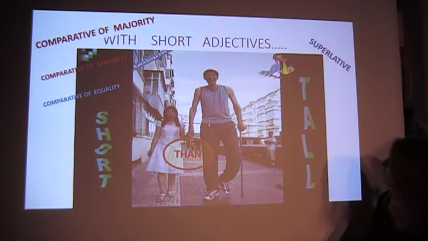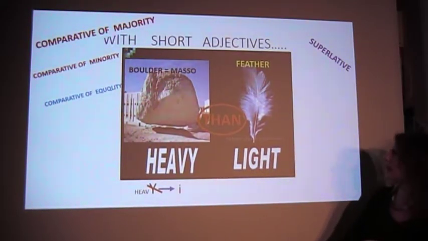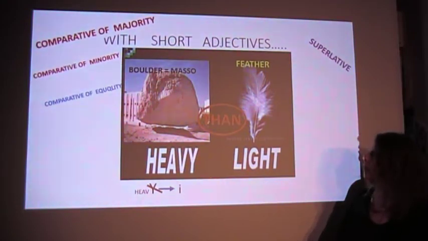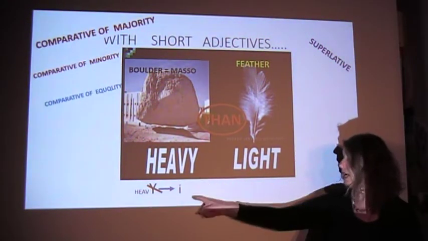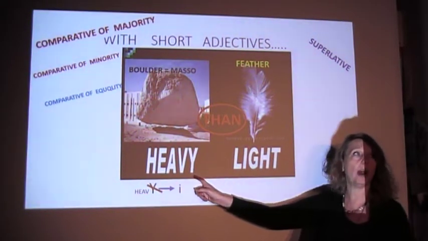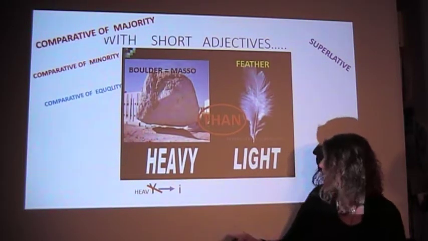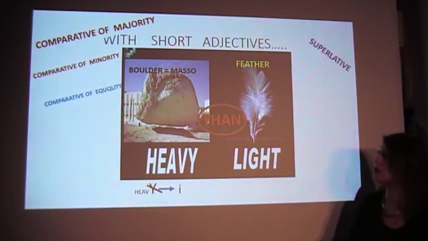And what else? No, next one. Here we have heavy and light, also short adjectives, because heavy is a bisyllabic adjective ending in y, and you have to remember to change the y in i. And light is another short adjective.